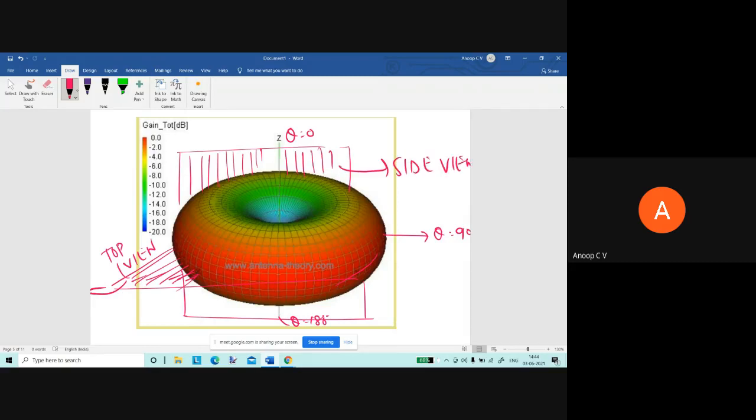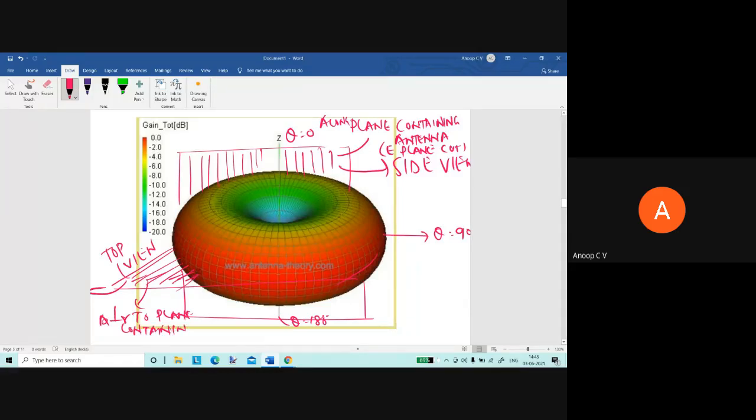So I'll call this vertical cut a cut along a plane containing the antenna, and we'll call it the E-plane cut. And this one is perpendicular to the plane containing the antenna, and we'll call it the H-plane cut.